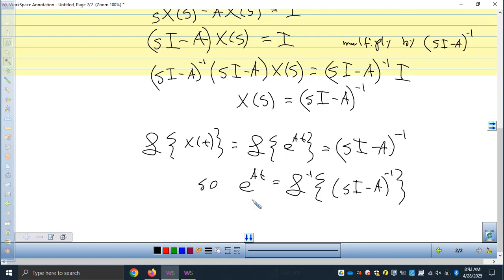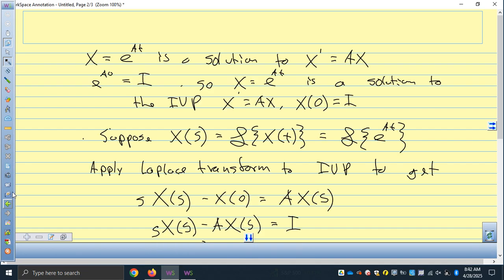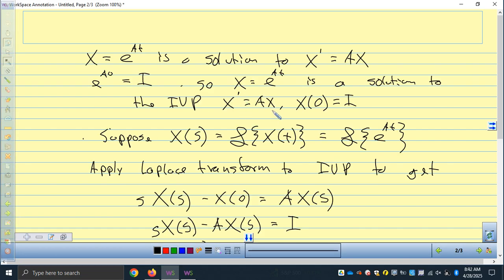So I just want to go through an example of doing this computation, find e to the At. And I just want to emphasize, by finding e to the At, we are finding the solution to this system of differential equations.